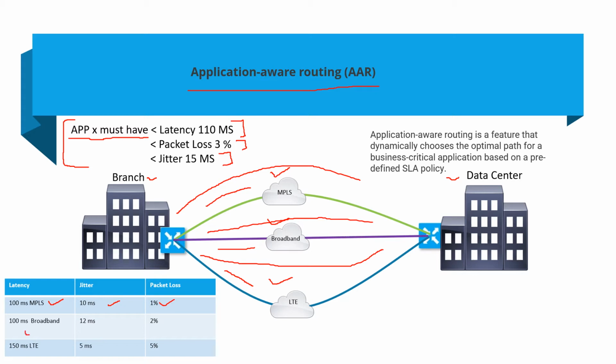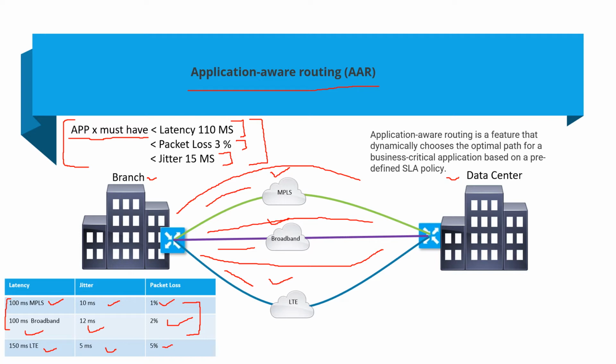Over the broadband, I get 100 ms, 12 ms jitter, packet loss is 2%. On my LTE connection, the latency is 150 ms, jitter is 5 ms, and packet loss is 5%. So based on the policy, what I have decided, if this is my application and this is the criteria it should fulfill, then it is only going to qualify these two links, because it matches a latency which is less than 110 ms, and we can see it is 100 on both the links.